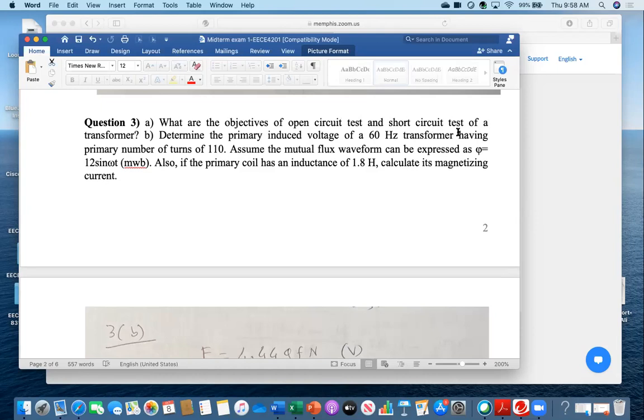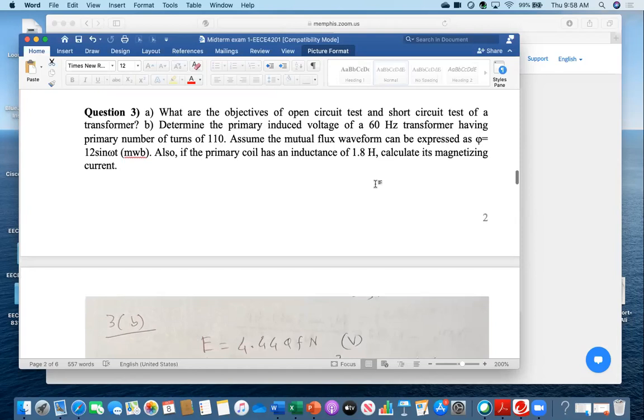In addition, you can find out the equivalent circuit parameters. Some of you have just written that those two tests help to get the equivalent circuit parameters. That is fine, but you still have to mention the main thing: the open circuit test provides the core losses or constant losses, and the short circuit test provides the copper losses of the transformer.